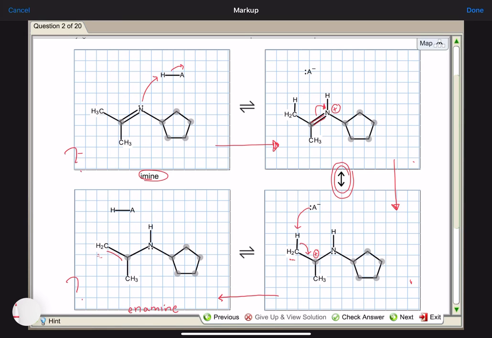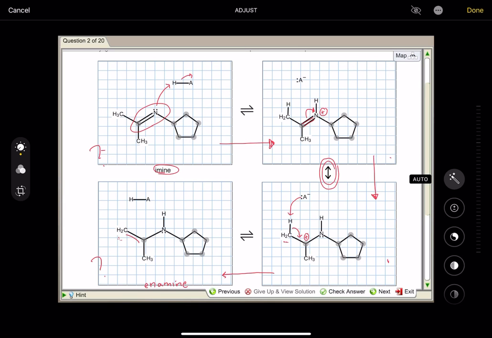You can use the same rules that you would use to determine stability of an alkene. Even though this is a carbon-nitrogen double bond and not an alkene, still apply the same type of rules in terms of how substituted the double bond is to help you answer that question.